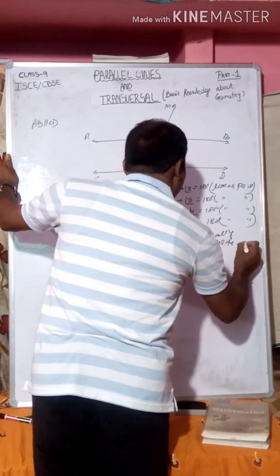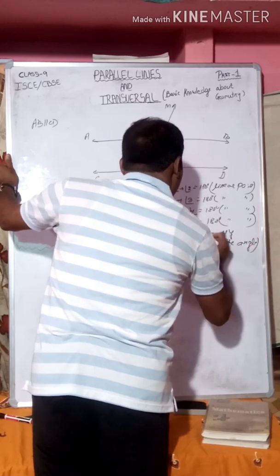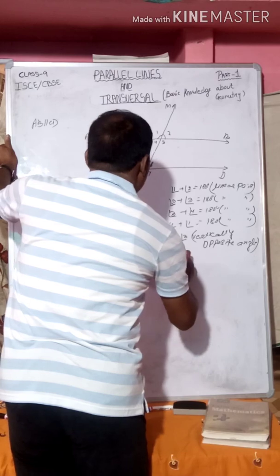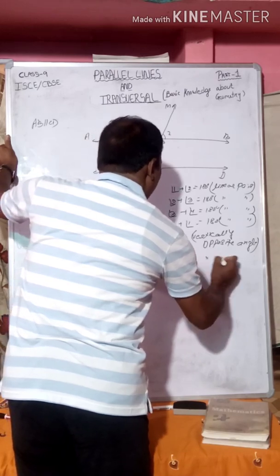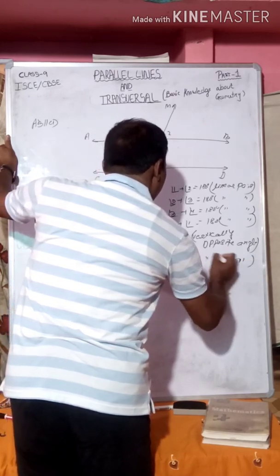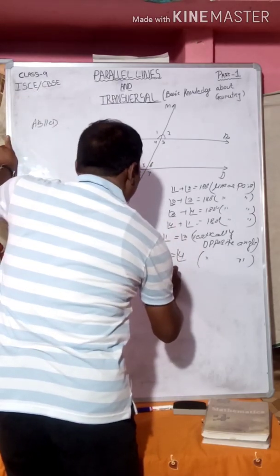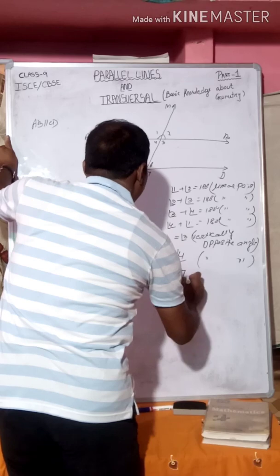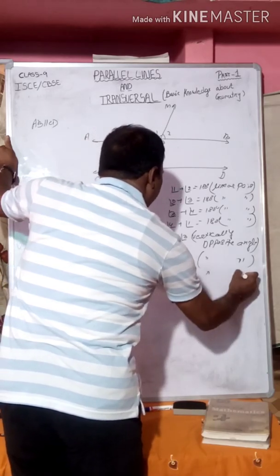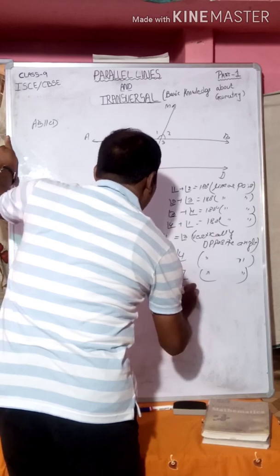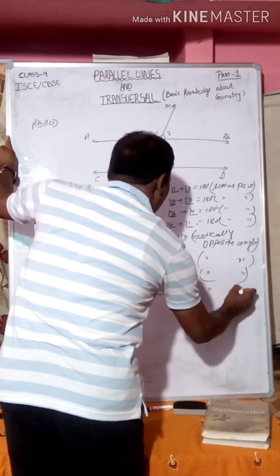Likewise angle 2 is equal to angle 4. It is also vertically opposite angle. At this point, angle 5 is equal to angle 7, vertically opposite angle, and angle 8 is equal to angle 6, that is vertically opposite angle.